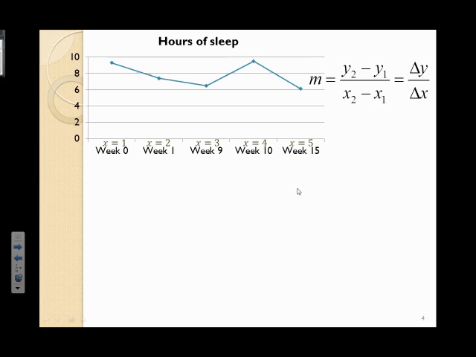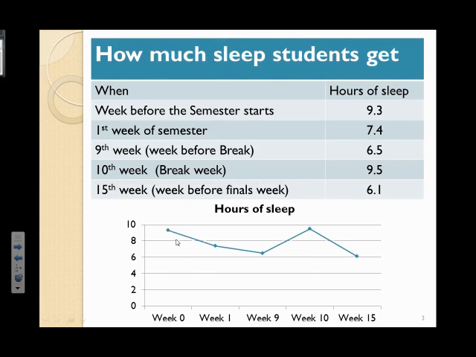We're not actually measuring the amount of change every week. It's simply measuring the rate, the changes between these 5 specific weeks. For example, if we go back here, when we look at this, we know that from week 1 to week 9, it goes down by 0.9.